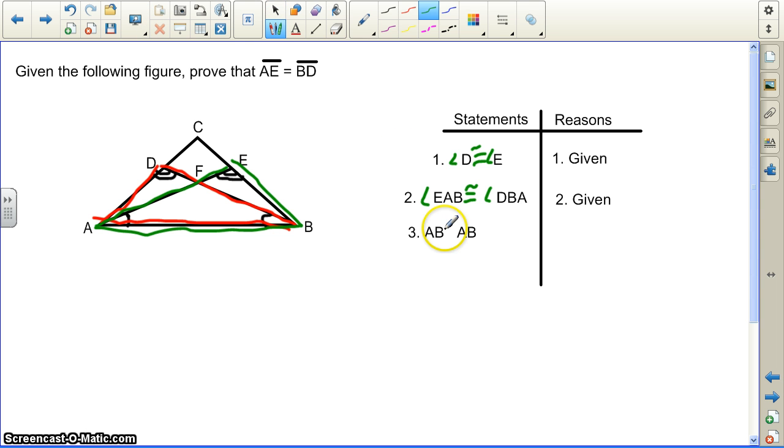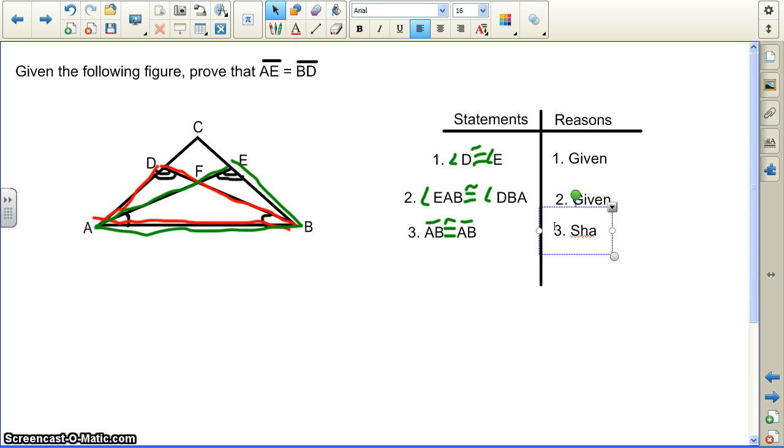Okay, so let me get my congruent symbol in there. And it's a segment, so I'll put my bars over it. Okay, I know that those two are congruent because, and you could put something like they're the same side or that it's a shared side. Something like that will be just fine for your reason.